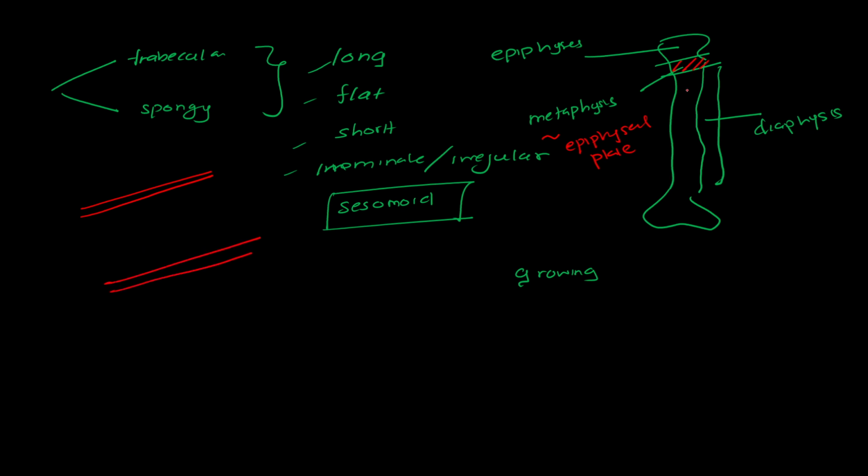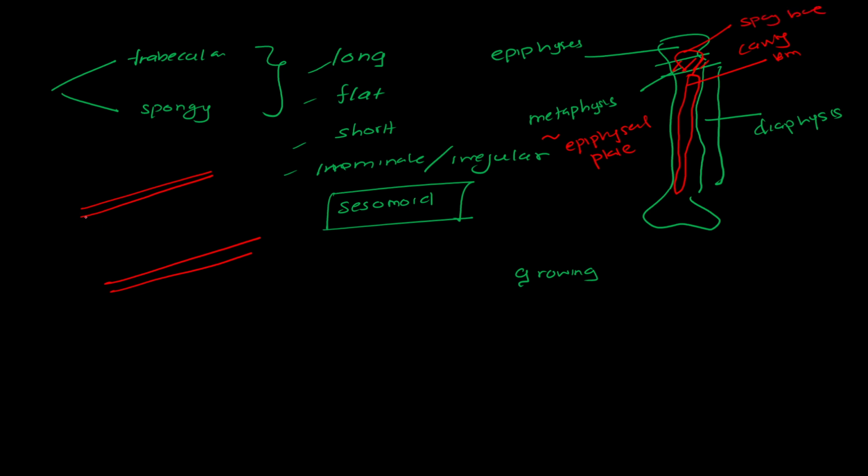Something that I have to add further is that within these long bones, in the central cavity, you would see a cavity which is composed of bone marrow, and also at the ends, at the epiphysis, you would see spongy bony struts.